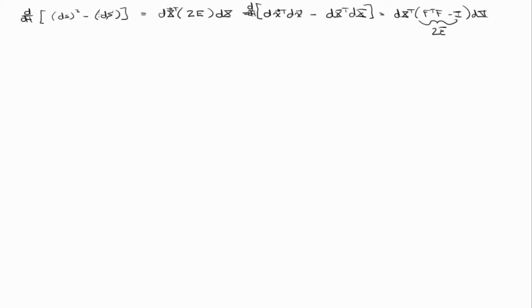It's not a function of time, right? So the derivative of that thing is going to be 0. Likewise, d big X is in the reference configuration. It's not a function of time. So that's going to go to 0. So really what I'm doing is taking the time derivative of ds squared and the time derivative of d little x, d little x.